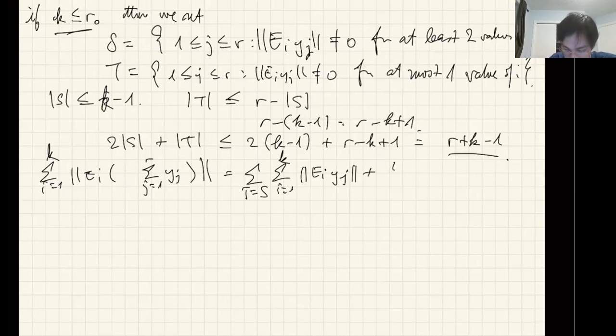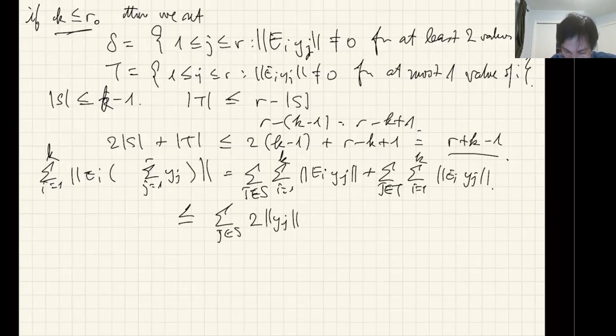For the j's in S, we get the sum for i equals 1 to k of ei yj, plus the same thing for j in T. And this is less than or equal to, because each of these we can bound by what the identity gives us. For j in S, it's just twice the norm of the actual vector.